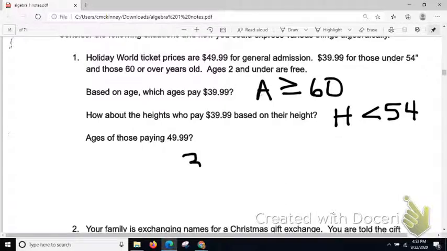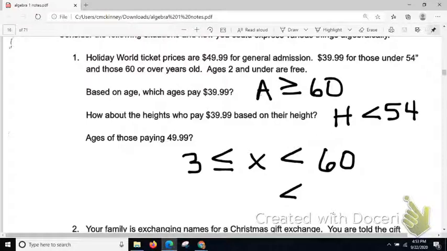So this would be from 3, x is going to go in the middle, 60 is up here, so people who are greater than or equal to 3, and less than 60. Or I could have used less than or equal to 59. That would have said the same thing.